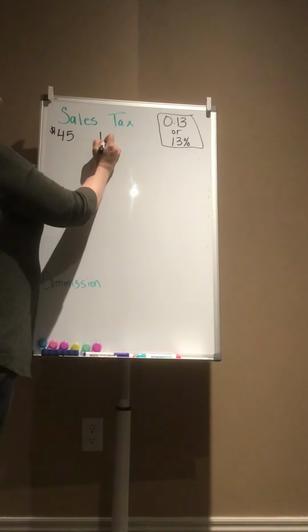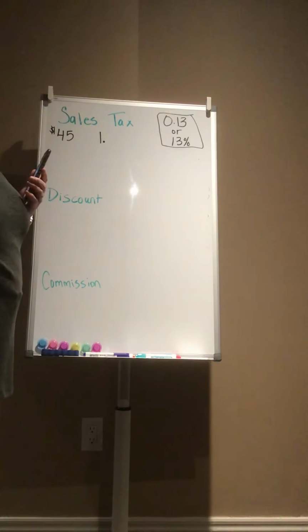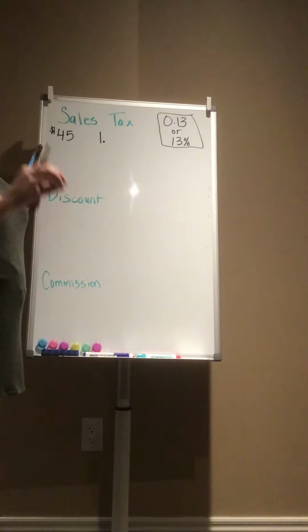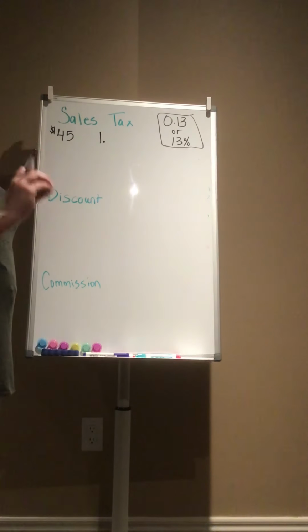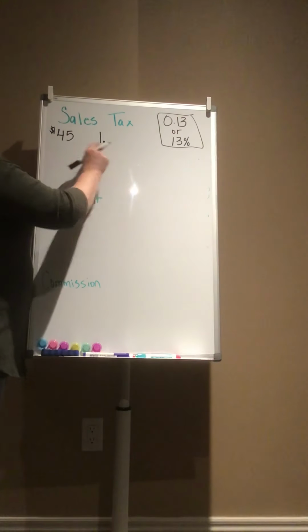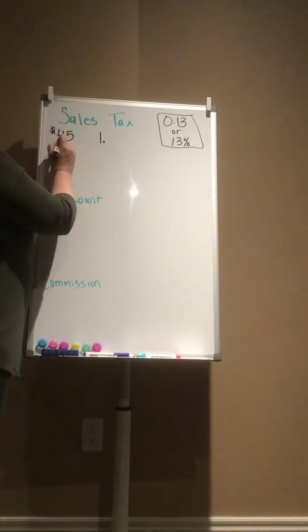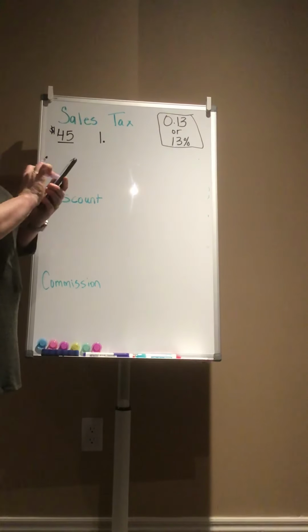So for sales tax, if I want to know a final price, the question is not asking me how much do you pay in tax. If the question is asking me how much do I pay in total, I'm going to put this 1 in front so it takes into account the original amount I spent.